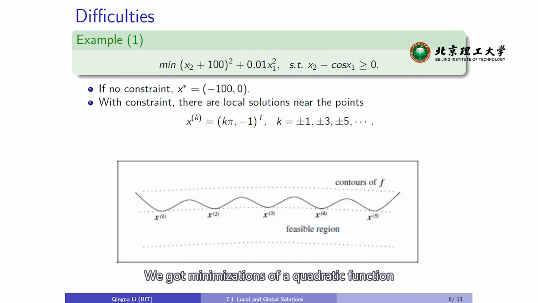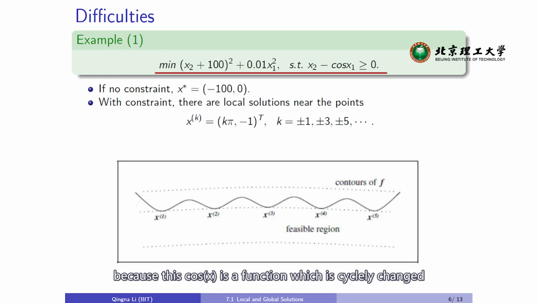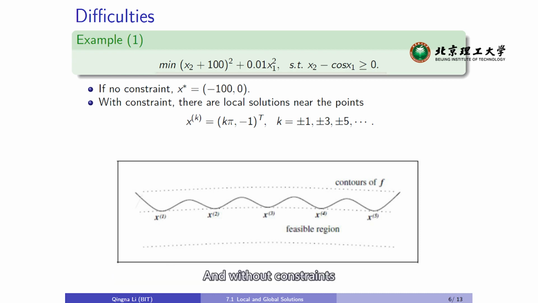We have minimization of a quadratic function and some constraints. This constraint is actually a bit complicated because cosine x is a function which changes cyclically. Without constraints, we can see that the optimal solution is reached at -100 and 0.